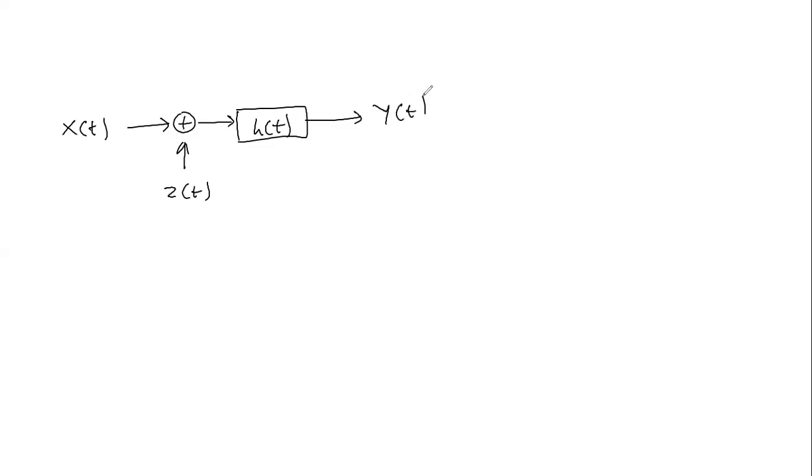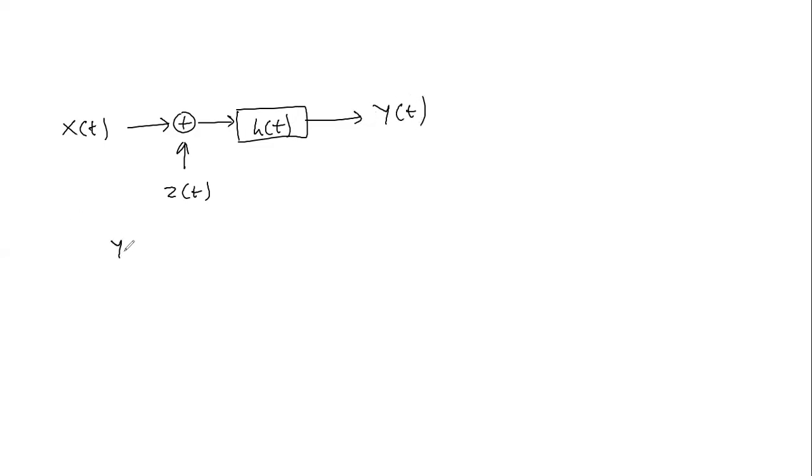So here we have the signal S of t fed into this channel. Then we also have the noise Z of t. And then we have the channel, which is the impulse response of the channel, H of t. And then we have Y of t.